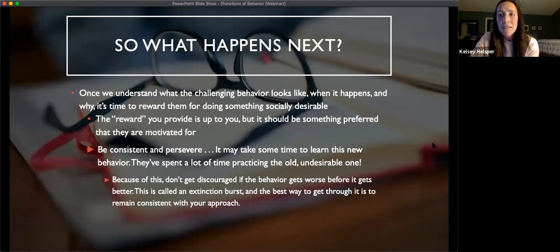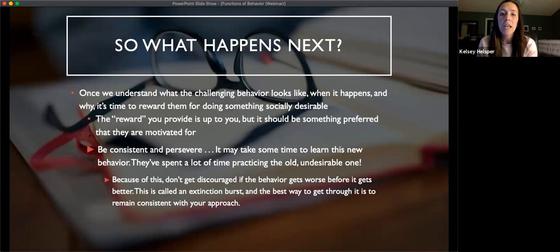So, what happens next? Once we understand what the challenging behavior looks like, when it happens, and why, then it's time to reward them for doing something socially desirable. The reward you provide, or we call it reinforcement, it's up to you what you want that to be. The only critical component is that it should be something preferred for them.